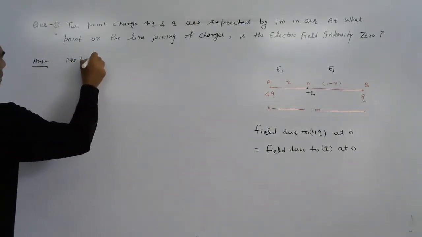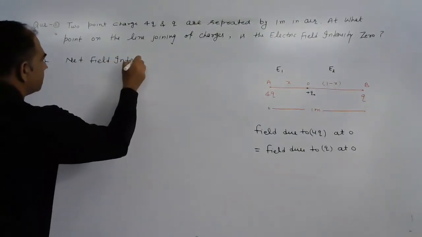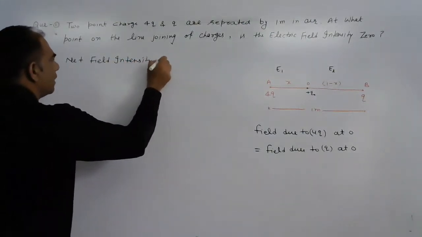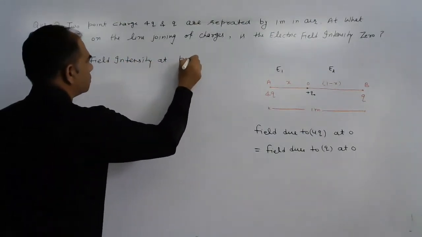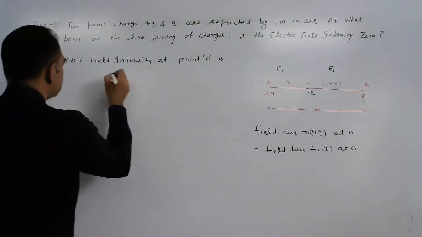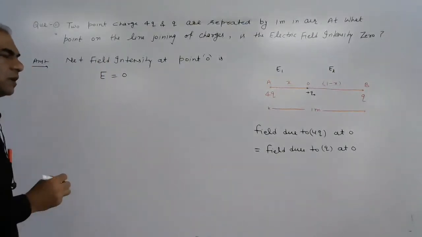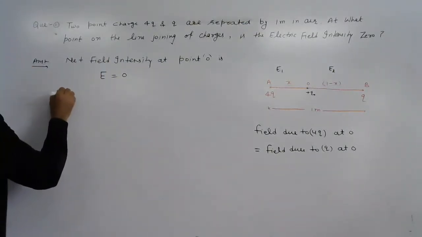So we solve here. The net field intensity at point O is E, that is equal to 0. This is given.